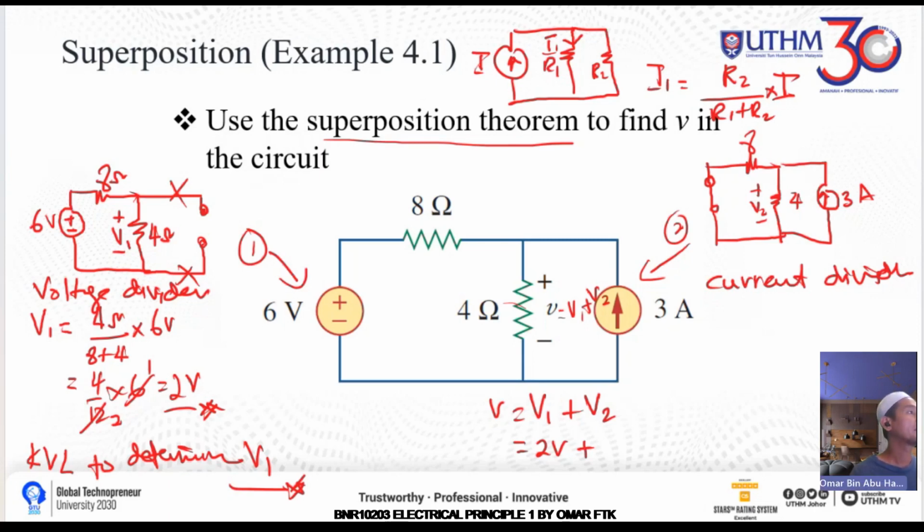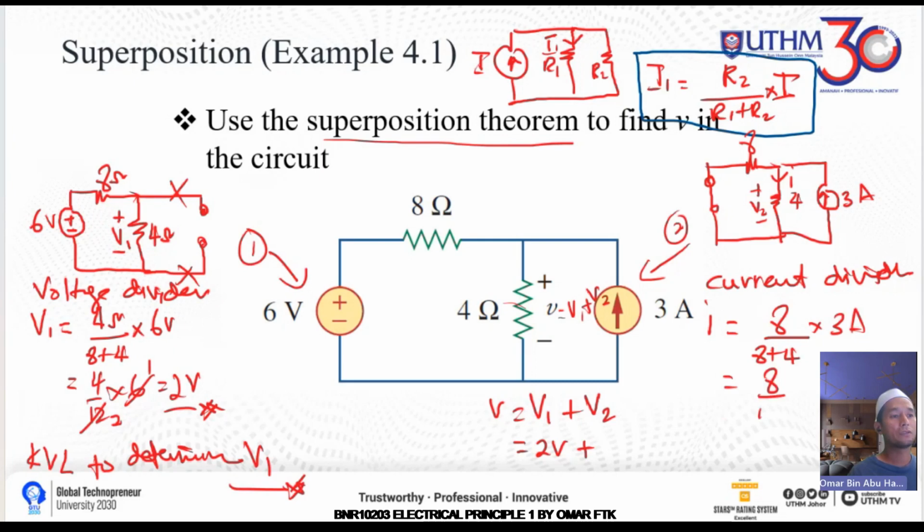Can you all grab this? So this is the equation for the voltage divider. If you want to get this current I, it will be 8 divided by 8 plus 4 times the 3 ampere current source.